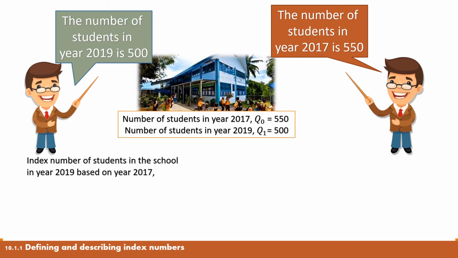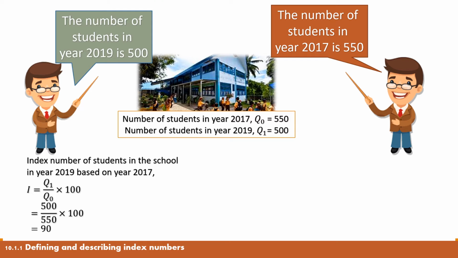So we fix Q0 as the number of students in year 2017, which is 550, and the number of students in year 2019 as Q1, which is 500. Applying the formula, we have 500 divided by 550 multiplied by 100, and we get a value of approximately 90.